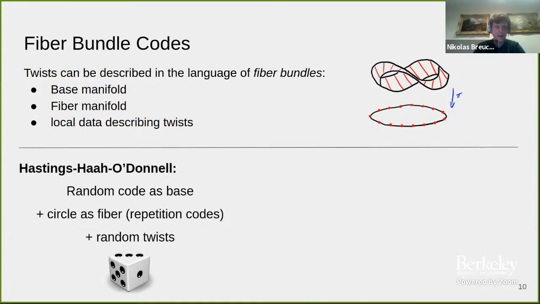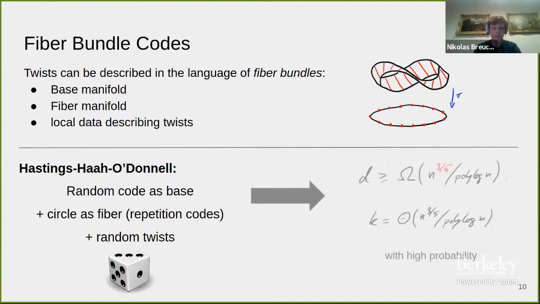And what Hastings, Haar, and O'Donnell show is that if they take a random code as the base, and they take a circle as a fiber, so by circle I always mean a repetition code, and they just introduce random twists between the fibers, then they achieve a distance scaling as n to the 3/5 up to polylogs with high probability.